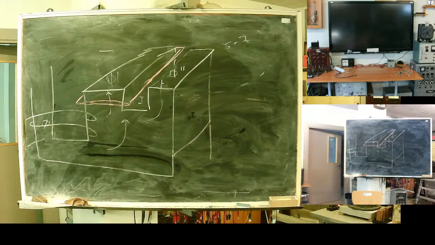So the actual inductance of the ring will delay the magnetic flux through this part of the pole.